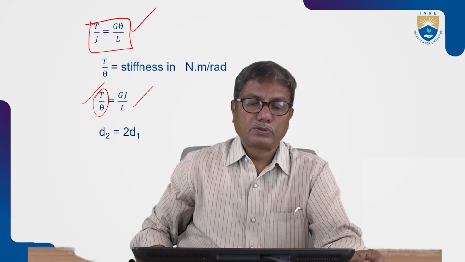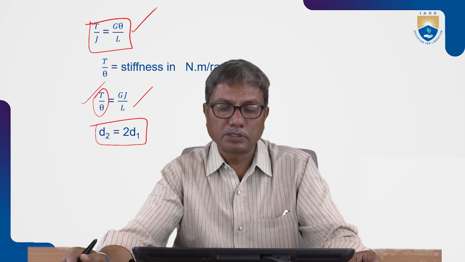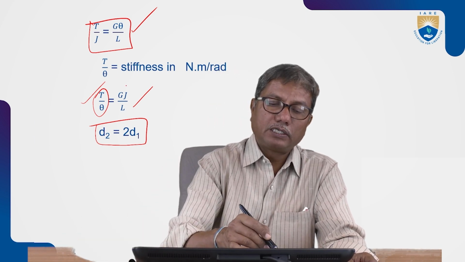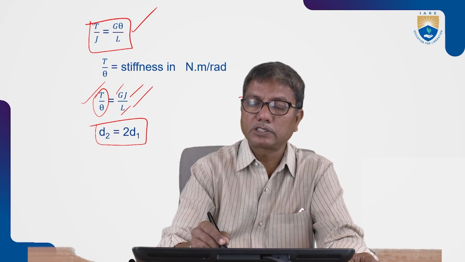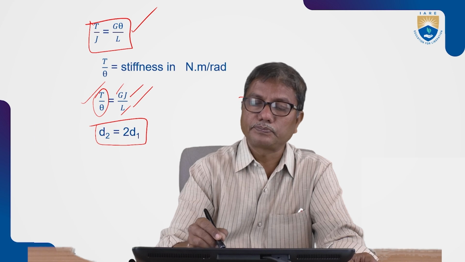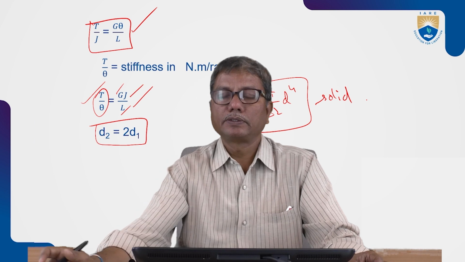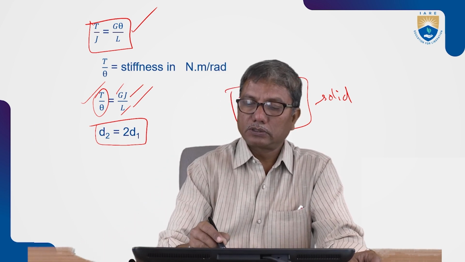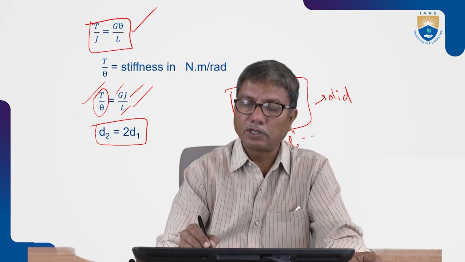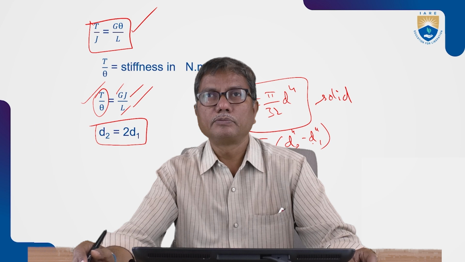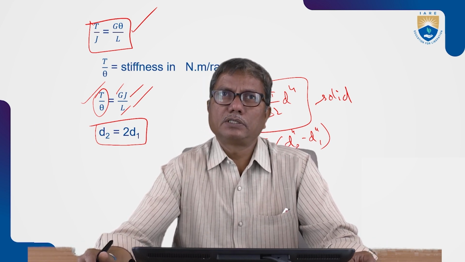The diameters are in the ratio of 1 is to 2. The outer diameter is 2 times the inner diameter. Here G is given, L is given. So J, the polar moment of inertia, is pi by 32 into d power 4 for a solid cross section. For a hollow rod of outside and inside diameters d2 and d1, the polar moment of inertia is pi by 32 into d2 power 4 minus d1 power 4.